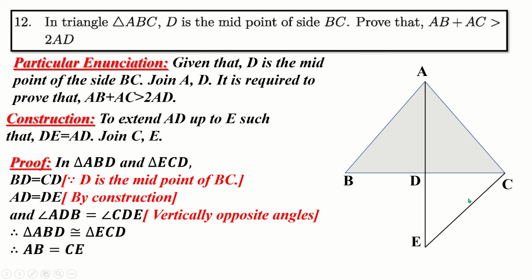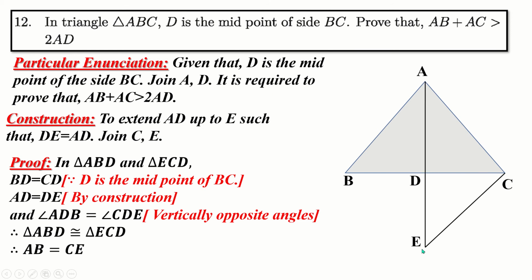or EDC or ECD, as you like best, you can read any one, no problem. BD is equal to CD, given condition, because D is the midpoint of BC, so BD and CD are equal.